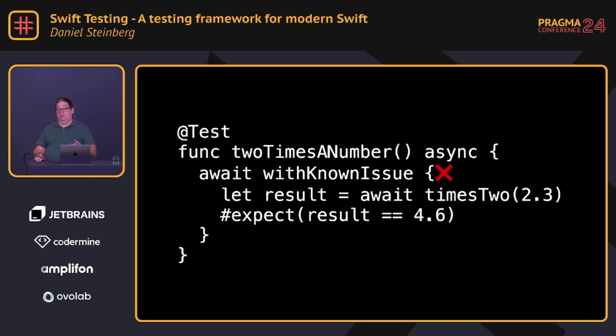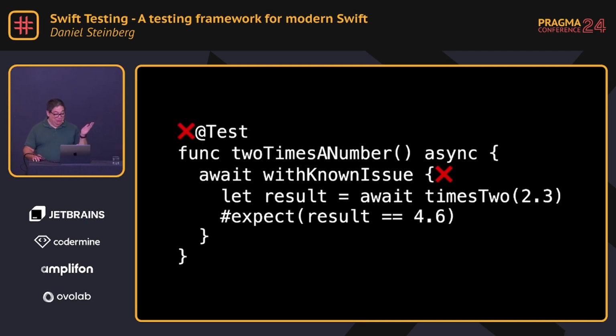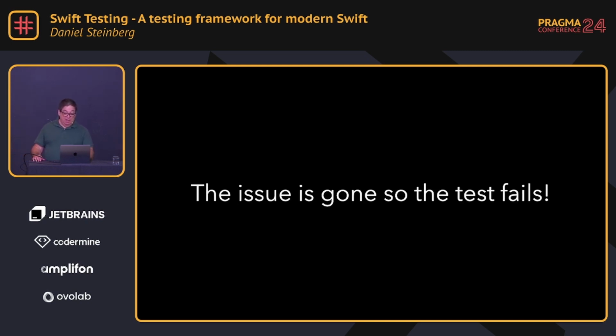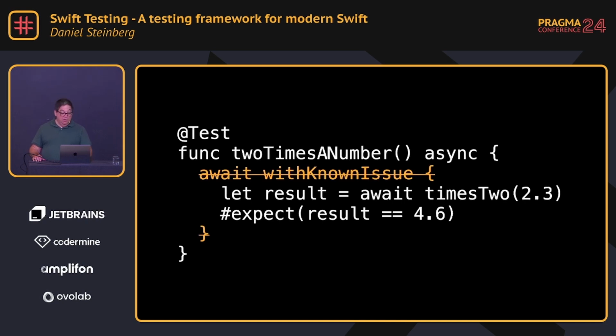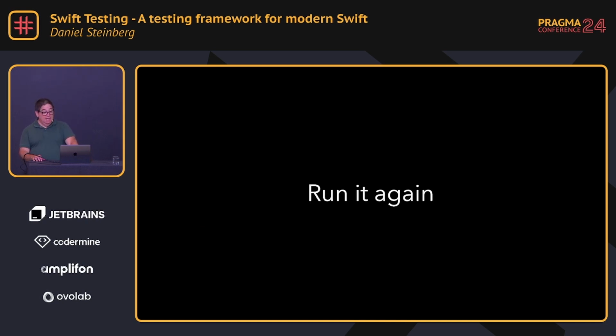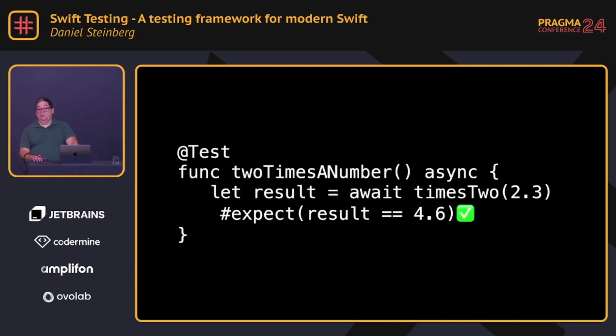And this is wonderful, because how many times have you been fixing one problem and inadvertently fixed another problem, and this lets you know, hey, that test that you were skipping because things were bad, it's not bad anymore. So I just love this feature. So the issue is gone, so the test fails, so we get rid of our known issue wrapper, we run it again, and the test passes.